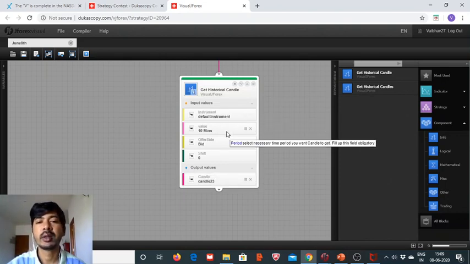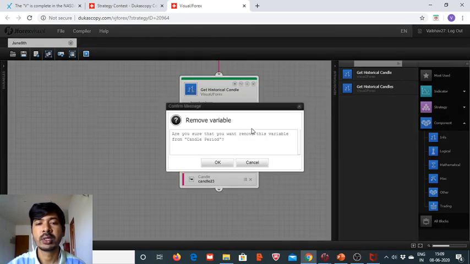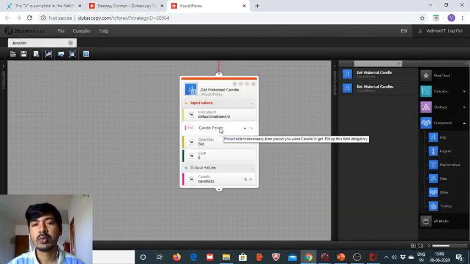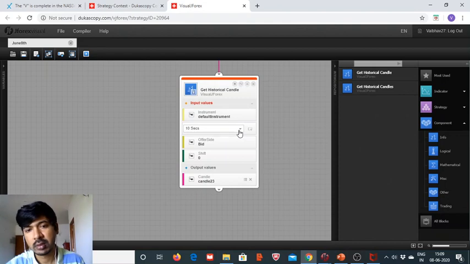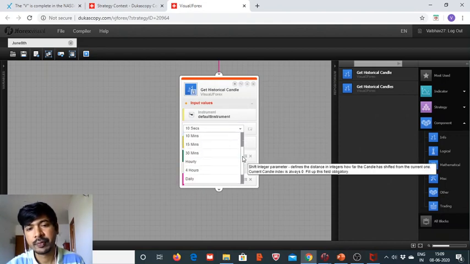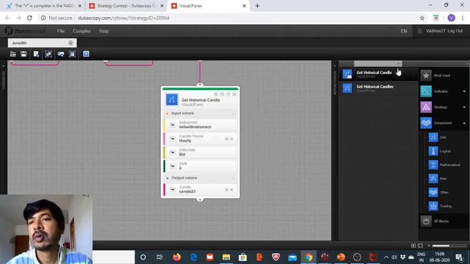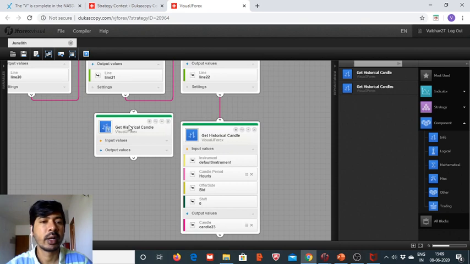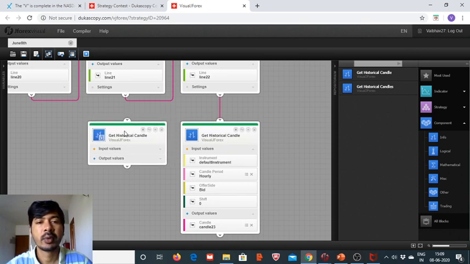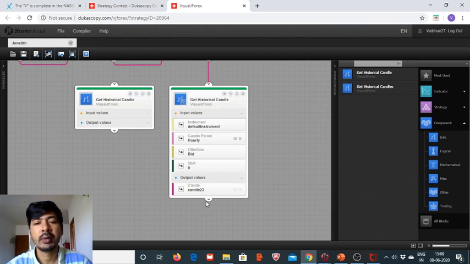So here the time frame needs to be changed to 1 hour each. Okay, so I hope you are able to see what we are trying to develop in today's session.